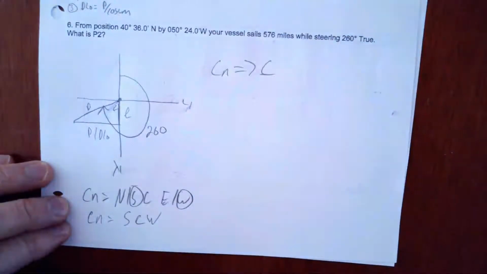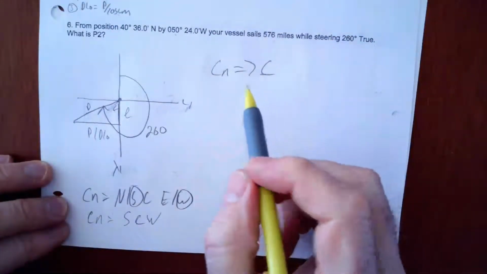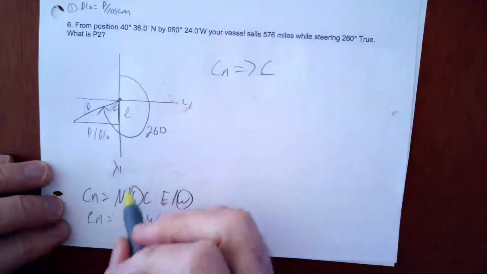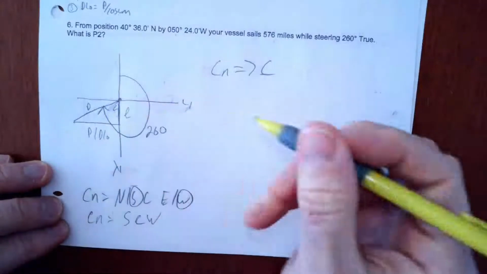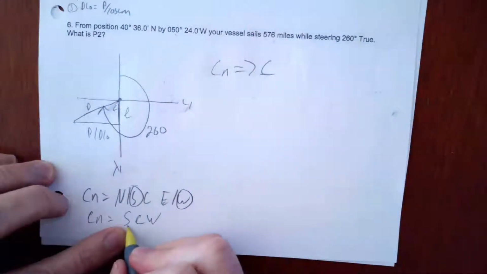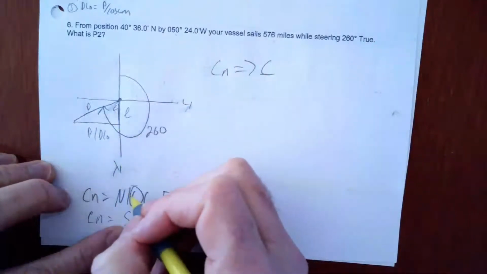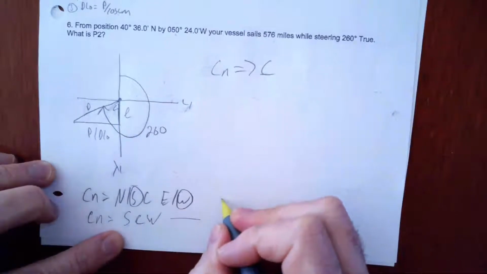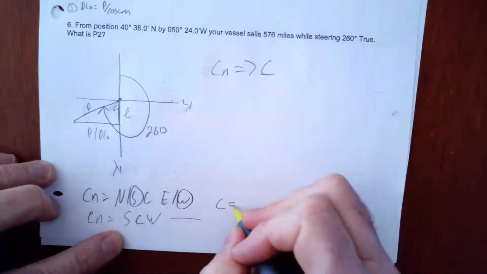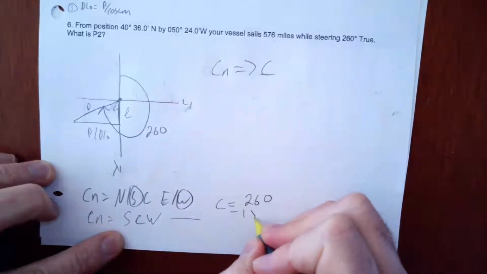Now, you definitely need to do this for great circle sailing. But anyway, how do I take 260 and make it into that internal angle? Well, this south refers to 180, okay? And so the math for this is going to be C equals 260 minus 180.